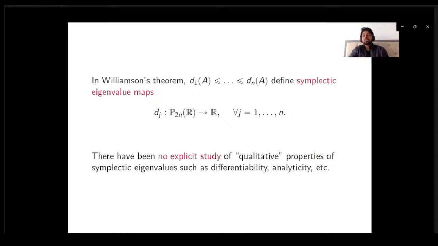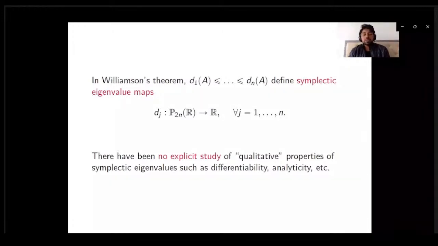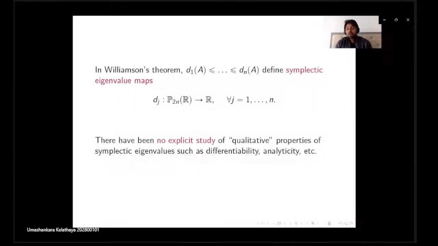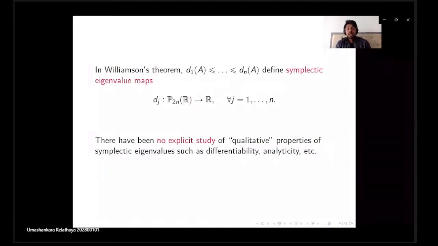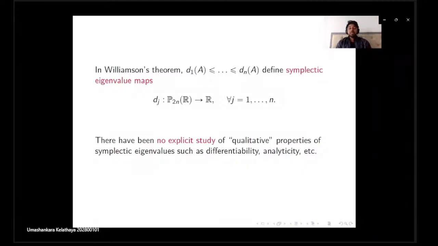So as a consequence of Williamson's theorem, we get n real-valued maps on the set of 2n cross 2n positive definite matrices. What we didn't find in the literature was any explicit study of qualitative properties of the symplectic eigenvalue maps, such as their differentiability, their analyticity, and so on. So we became interested in studying those properties, and we got several interesting results in this direction.